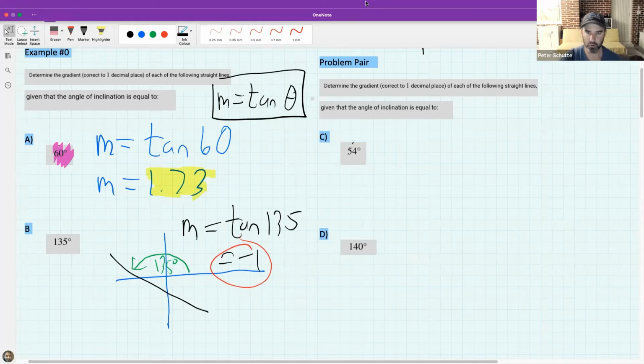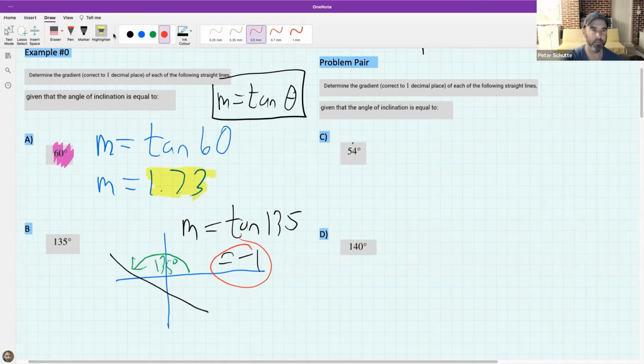Remember, this is normal trig. So we just use the simple formula, M is tan of theta, and it helps us understand the angle of inclination relationship to gradient. Let's go, guys. Remember, we are allowed to use calculators. Yeah, I would recommend using calculators.